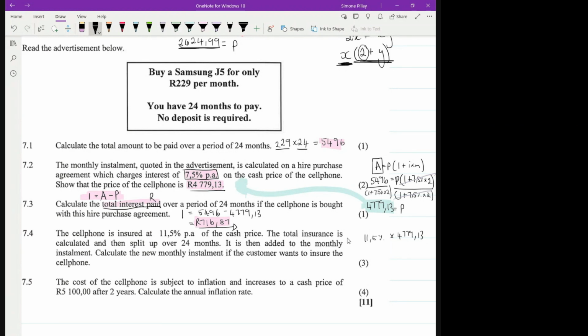And because it's for 2 years, I'm multiplying by 2 as well. That is going to give me the total value of my insurance. Because remember what they said? They said the total value of the insurance is calculated and then split up over 24 months.